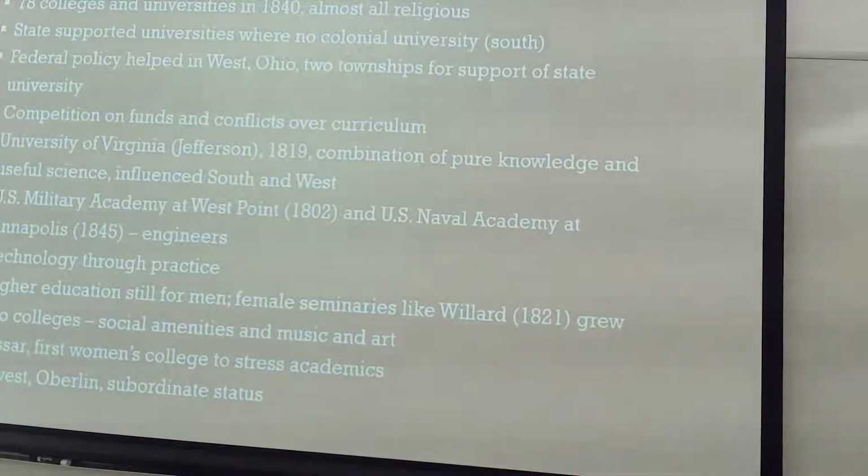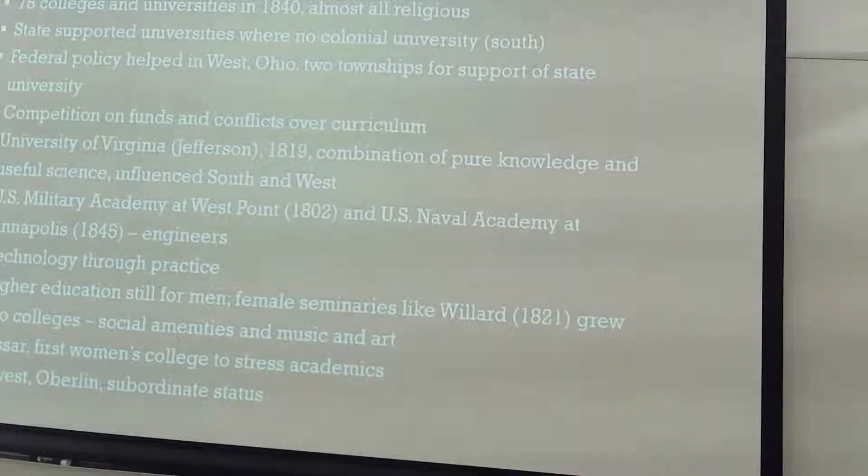Most schools, particularly the religious ones, focused on a certain aspect of curriculum. A lot of them were, in a sense, theology schools. You know, they were originally designed to churn out ministers in response either to the First Great Awakening or the Second Great Awakening, depending on when they were established.